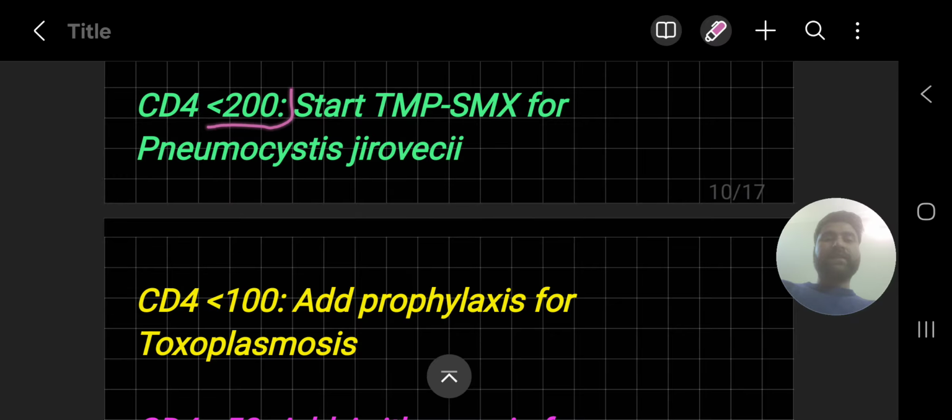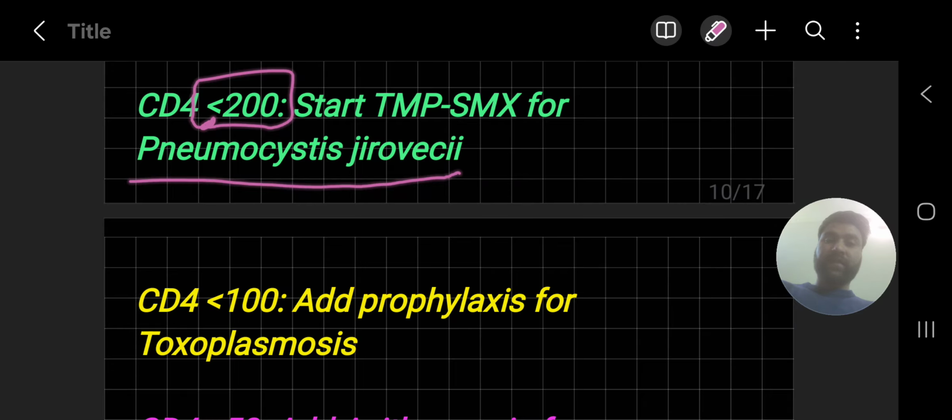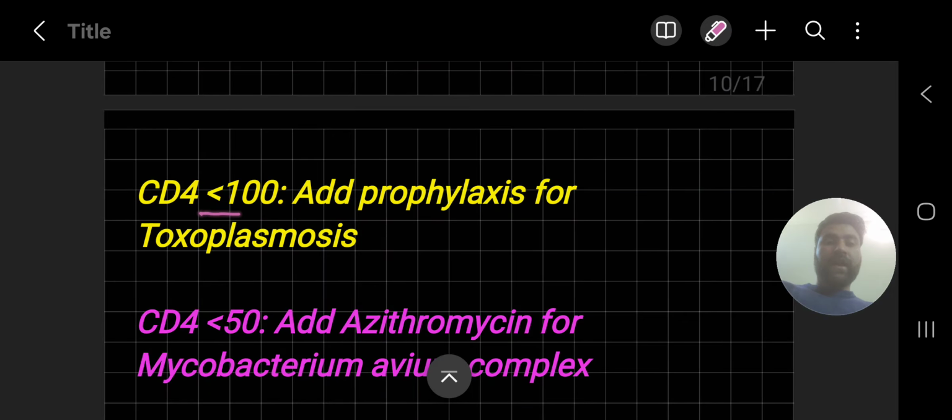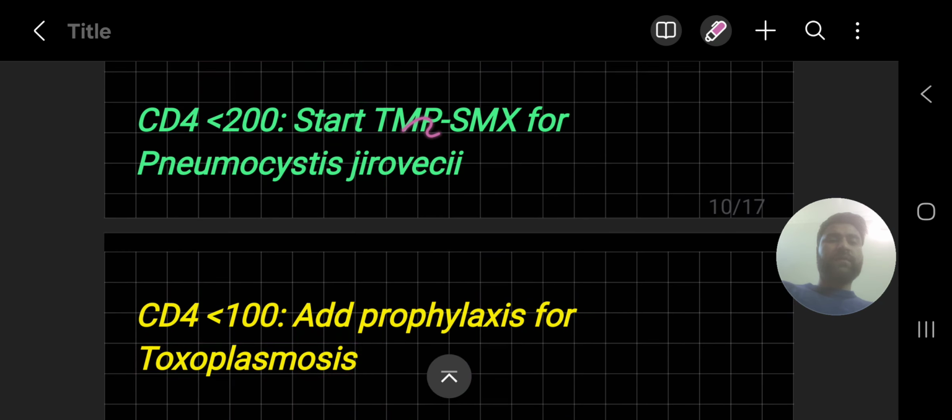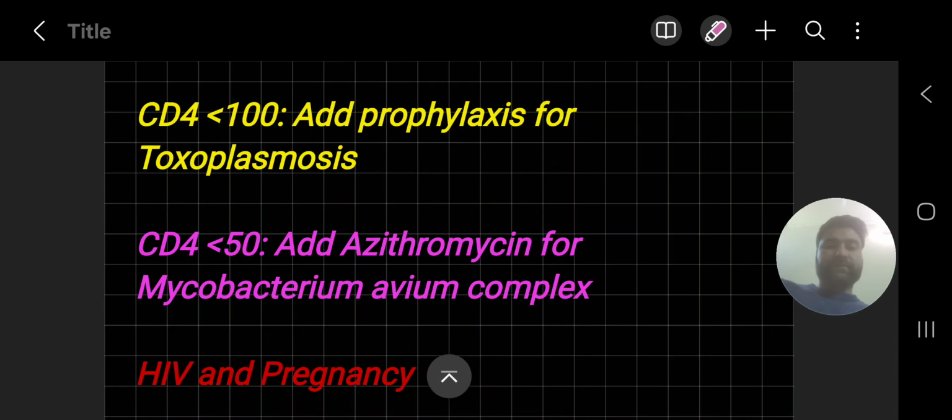If the CD4 count is less than 200, there is a risk of pneumocystis jirovecii pneumonia, so you should start trimethoprim-sulfamethoxazole. If the CD4 count is less than 100, you need prophylaxis for toxoplasmosis. Also for toxoplasmosis, you give a trimethoprim-sulfamethoxazole DS tablet.